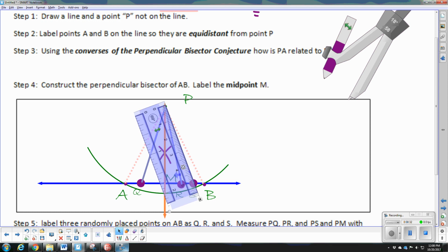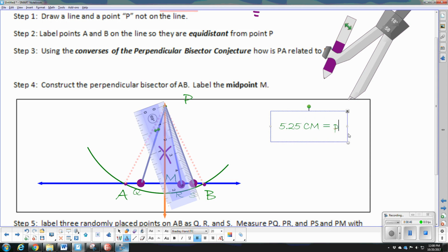Okay, so I'm going to start with PS, and that's about 5.25 centimeters. Okay, now my next one, I'm going to measure PR.